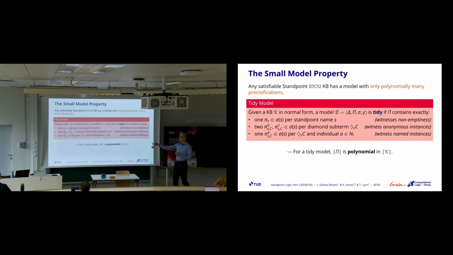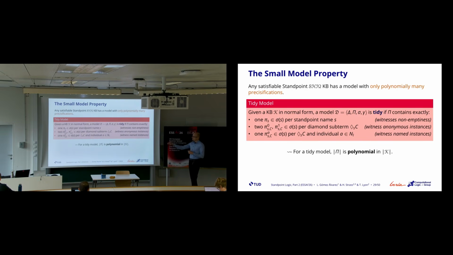With these, you basically witness the named instances that could be instances of this diamond S C concept. And then with these two, you witness the anonymous, the unnamed instances. Because it could always be the case that your knowledge base requires certain things to be diamond S's, so sometimes or conceivably belong to C, while they are not necessarily an individual name for these things.